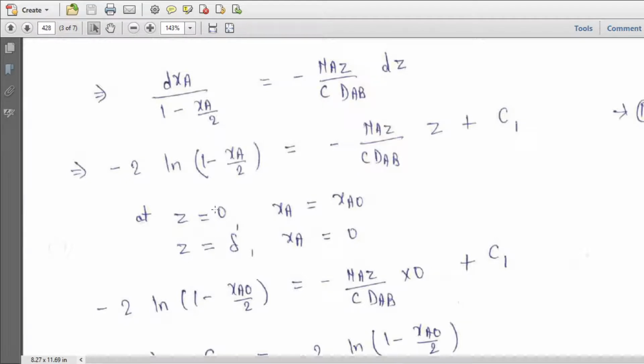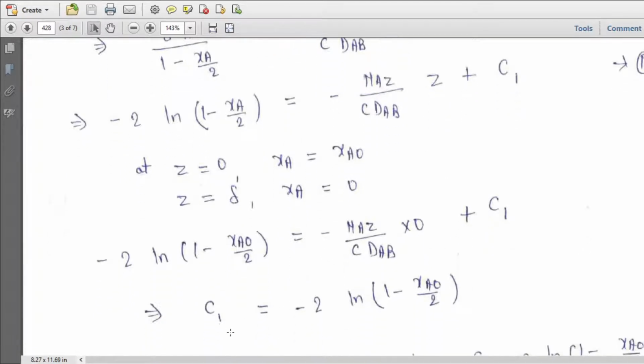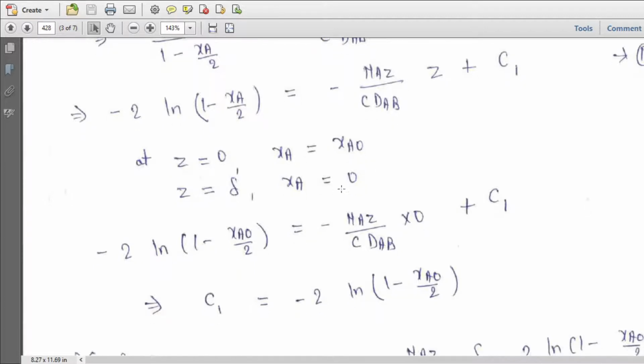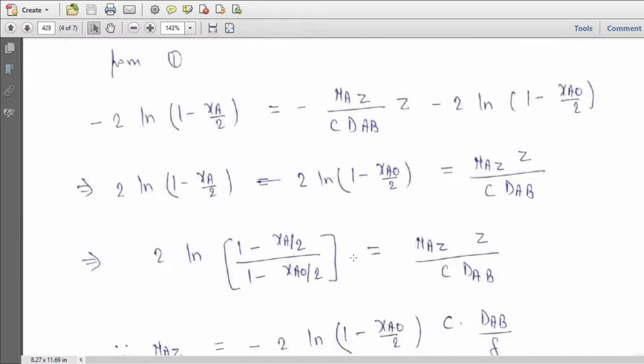So if we substitute the first condition into this, this term is 0. So we will get C1 equal to minus 2 ln(1 minus XA0/2). Now we substitute the second condition and the value of constant C1, and we get another equation: NAZ equals minus 2 C DAB ln(1 minus XA0/2)/delta.